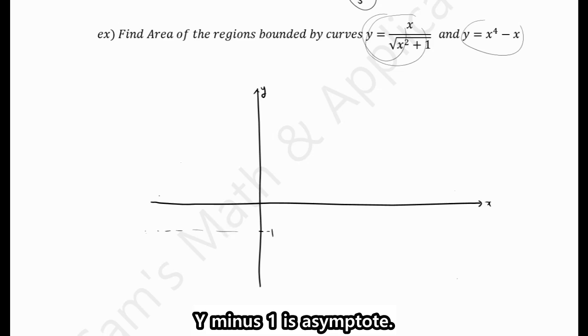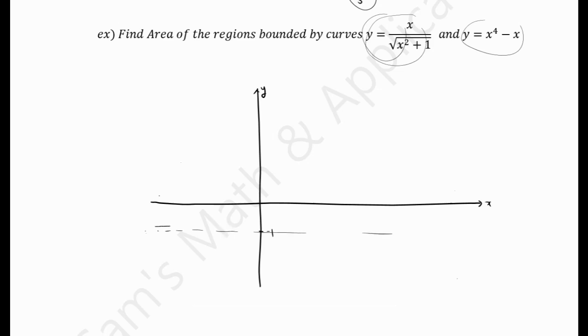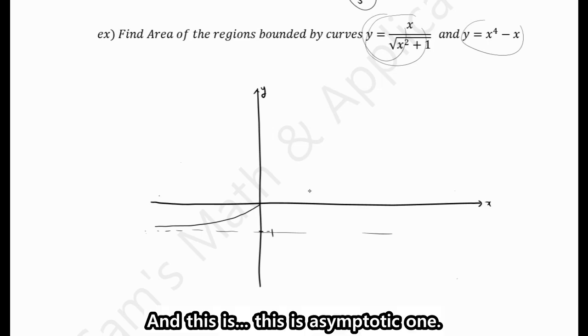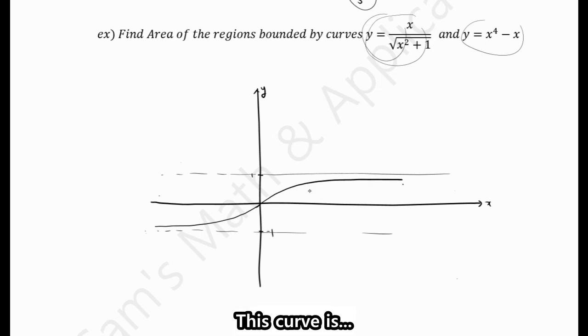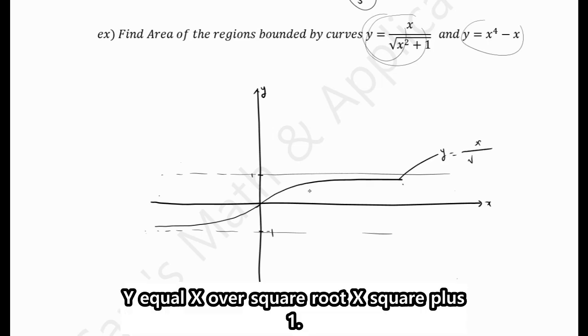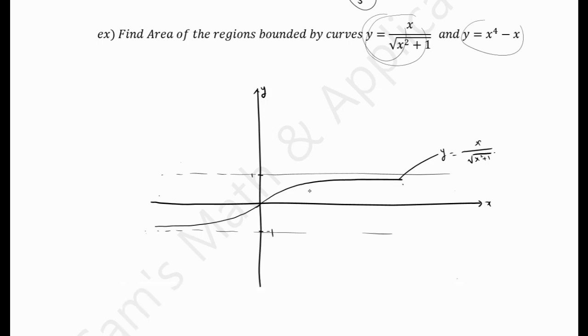Y equals minus 1 is an asymptote, and this asymptote is 1. This curve is y equals x over the square root of x squared plus 1.